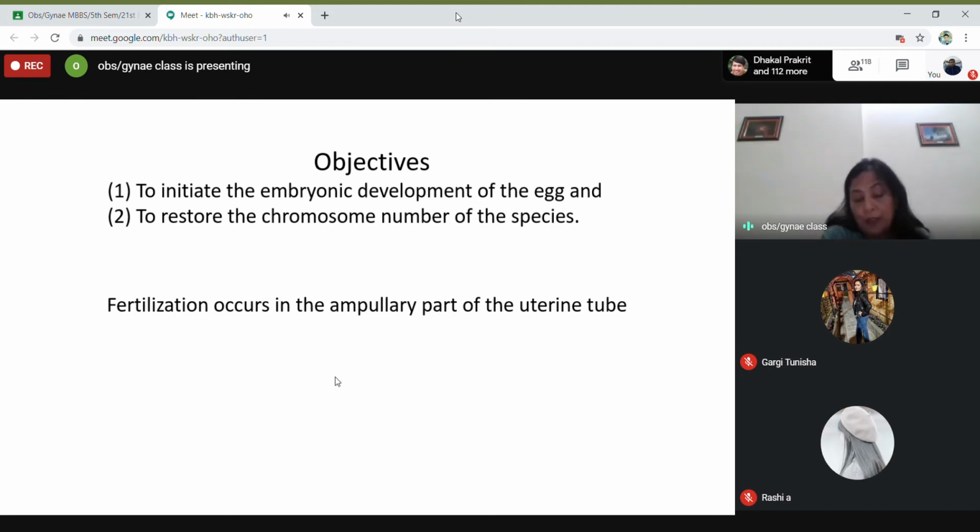You should know that the fimbrial end of the fallopian tube picks up the ovum, and it passes into the fallopian tube. At the ampullary part of the uterine tube, if it meets the spermatozoa, then fertilization takes place.